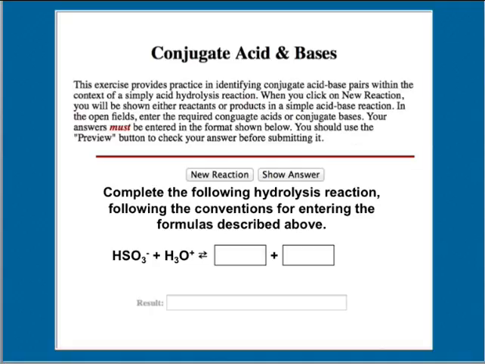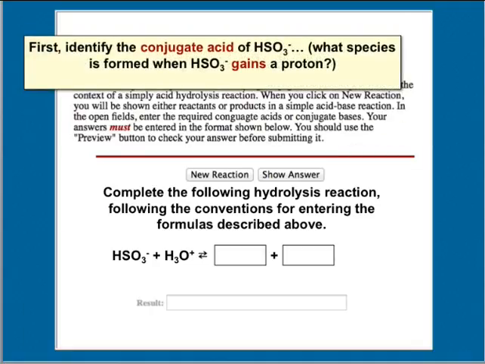So this is going to be the acid, that's the base. So we look at hydrogen sulfite and we say, what is the conjugate acid? Conjugate acid will have one more proton and one less negative charge.